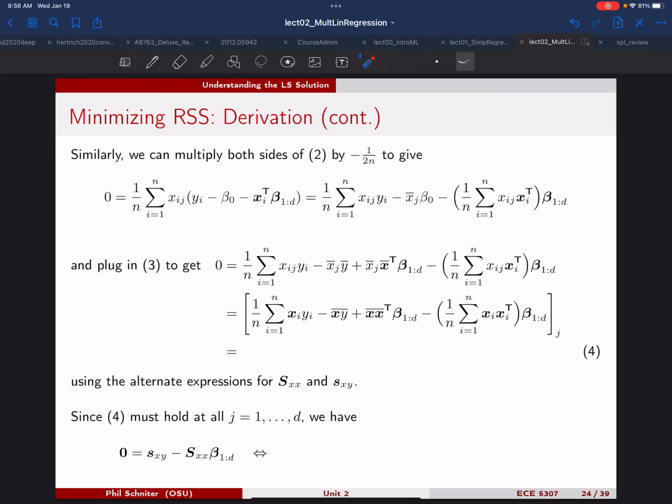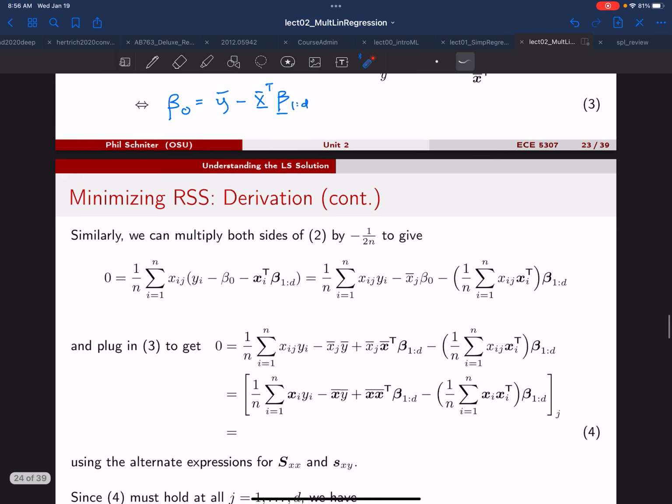Okay, so before we move on, let's take this expression here, equation 3, and plug that in for here. So that is going to expand this term to those two.